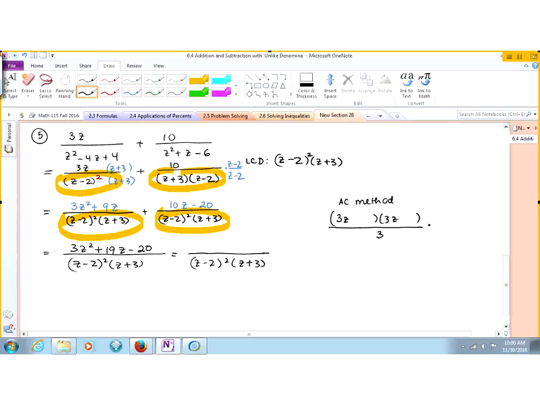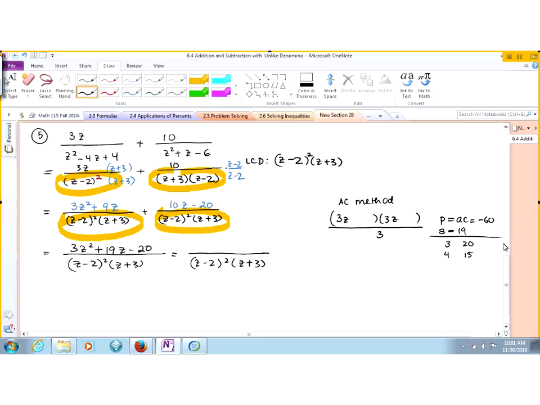Alright. So now what? Product is equal to AC. What is my AC here? 3 times negative 20, so it is negative 60. And the sum is equal to 19. Is there any? We may not have it. 1 and 60 works? No. 2 and 30? 3 and 20?